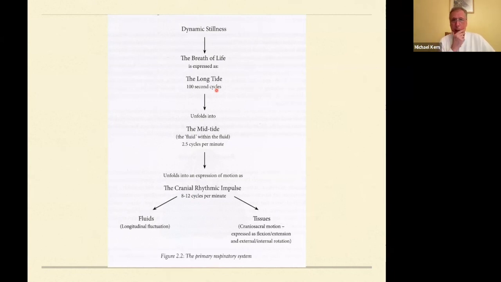So we'll talk a little bit more about that later on. But what Sutherland identified, and also had been described then by practitioners after Sutherland, is that there is, if you like, a first stirring of life as motion.